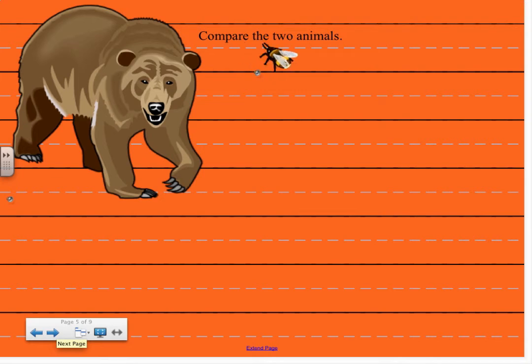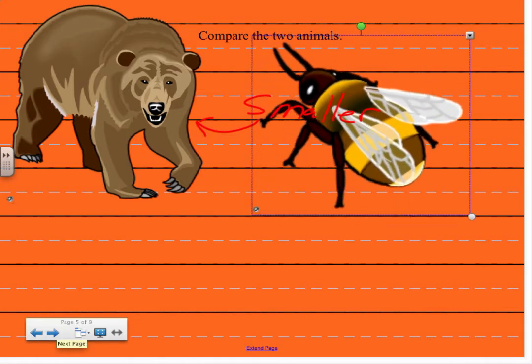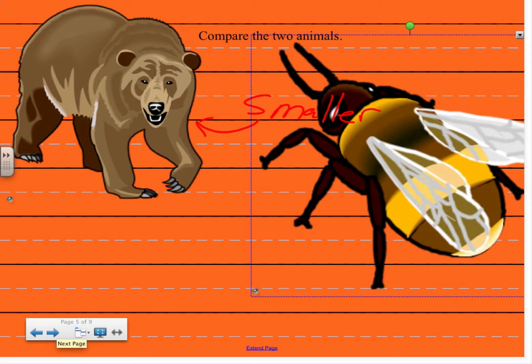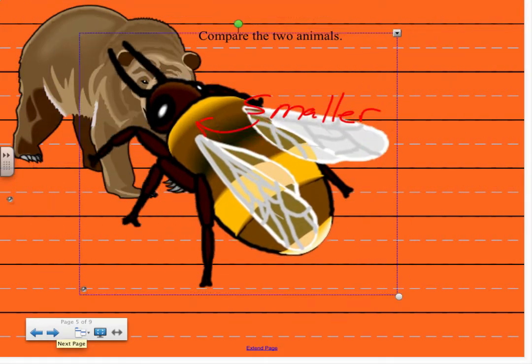How would you compare the 2 animals? You have comparisons, comparative adjectives. The bumblebee is black and yellow and is very small compared to the big brown bear. So you can use that. A comparative would be smaller. And then you always get in the case where you say, oh my gosh, the bee is so much bigger.